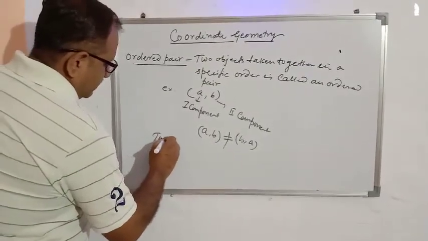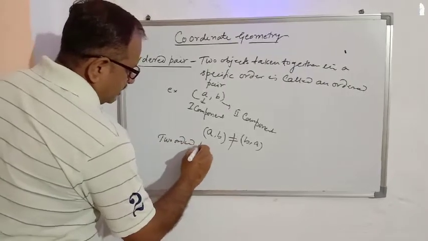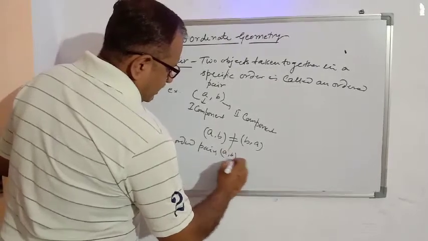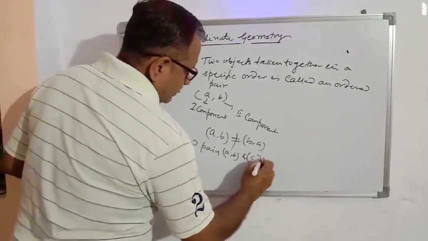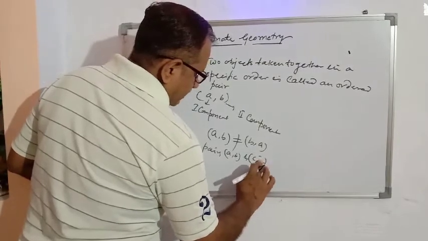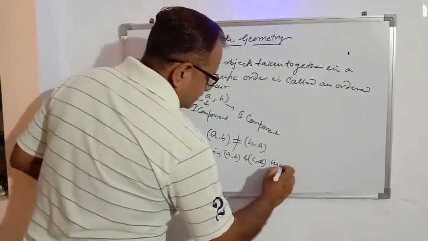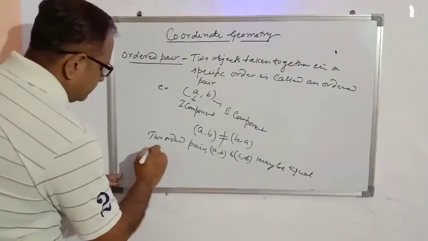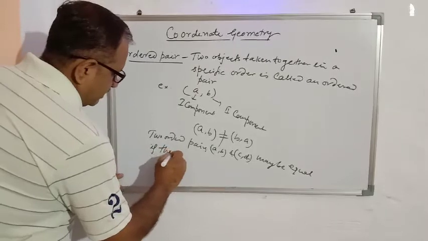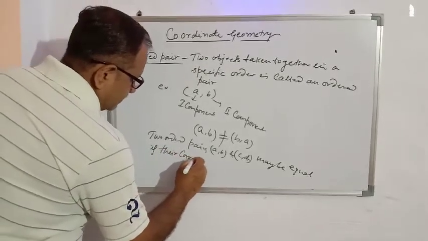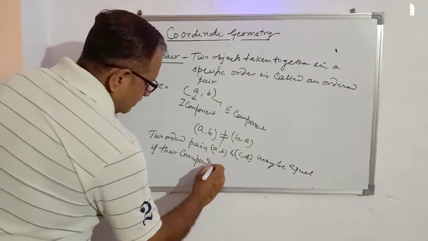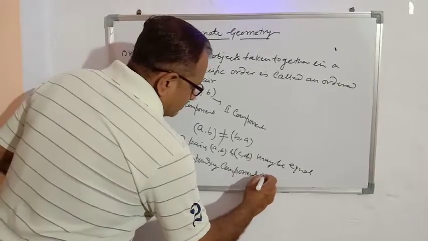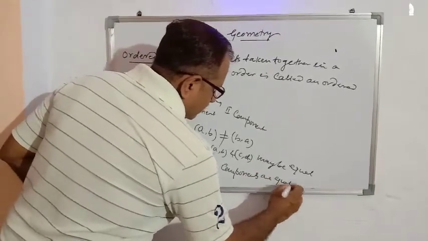Two ordered pairs (A, B) and (C, D) may be equal if their corresponding components are equal.